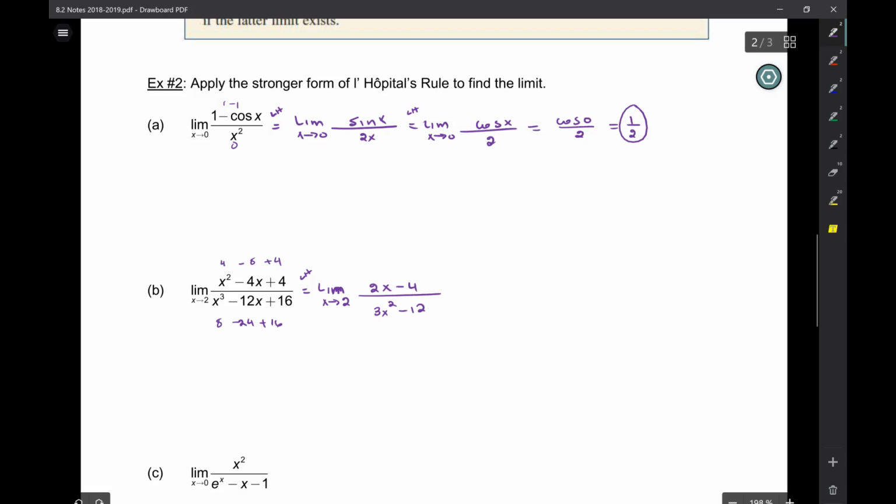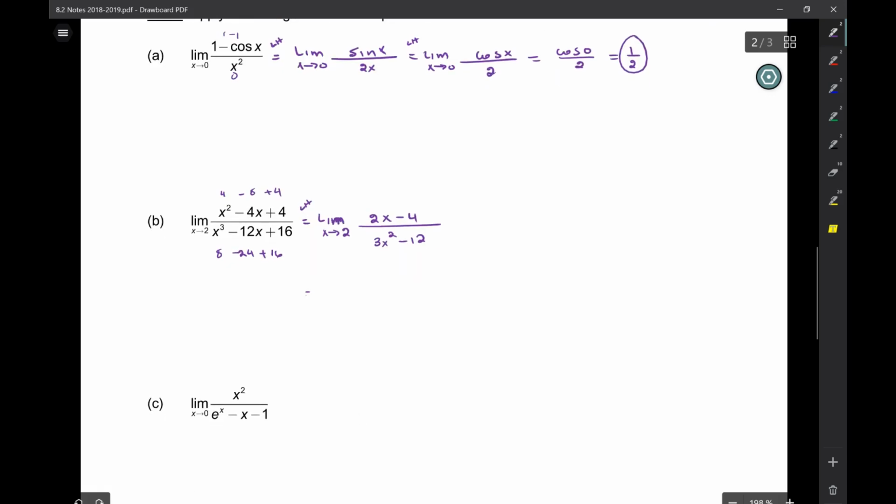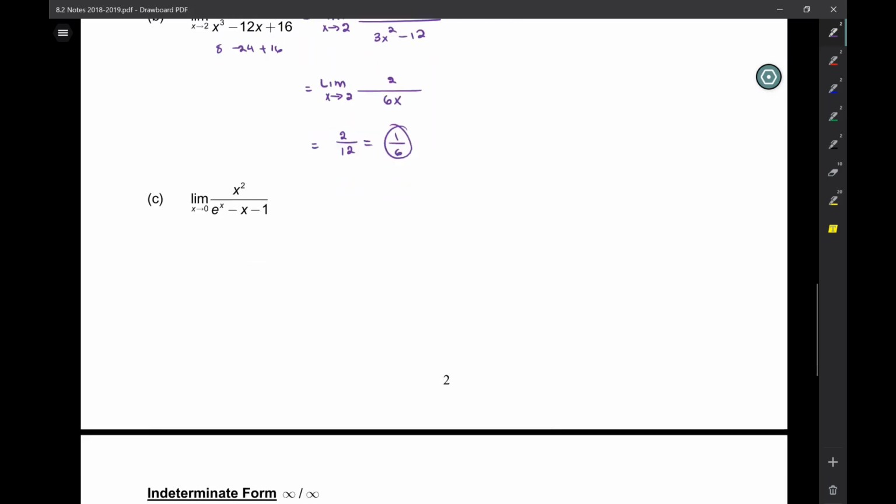Can't do that. 12 minus 12. 0 over 0. So you got to do it again. 2 over 6x. So it's 2 over 12. 1 6. Do you have to simplify though? Yes, you do. What happens if you don't? There you go. You know me. Well, you lose a point if it's a test, because there's more points to lose.